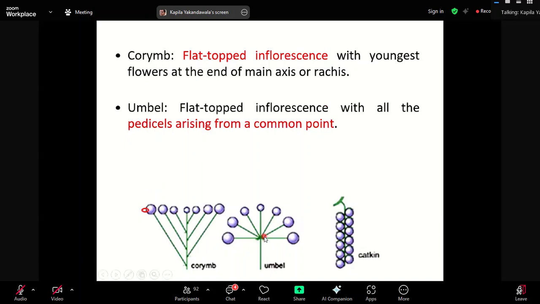In the umbel, all the flowers' stalks begin at a single point. At this point, all the flower stalks arise. You call it umbel, a flat-topped inflorescence, where all the stalks or pedicels arise from a single point. Catkin.